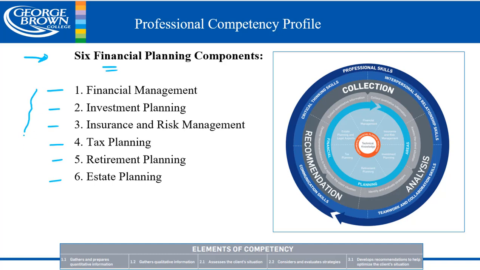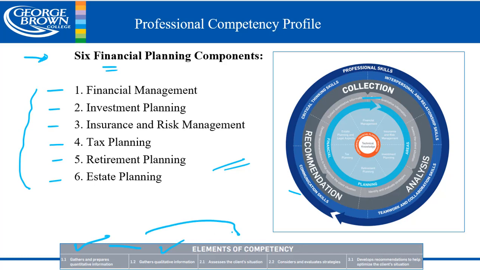And indeed, we have individual videos for each of these financial planning components where we look at the process of going through the collection of information, the analysis, and ultimately the recommendation in the integrated financial plan, which is the topic for this video. So again, when we're going through the collection phase for information for each of these 6 areas, we gather and prepare quantitative information, we gather the qualitative information.